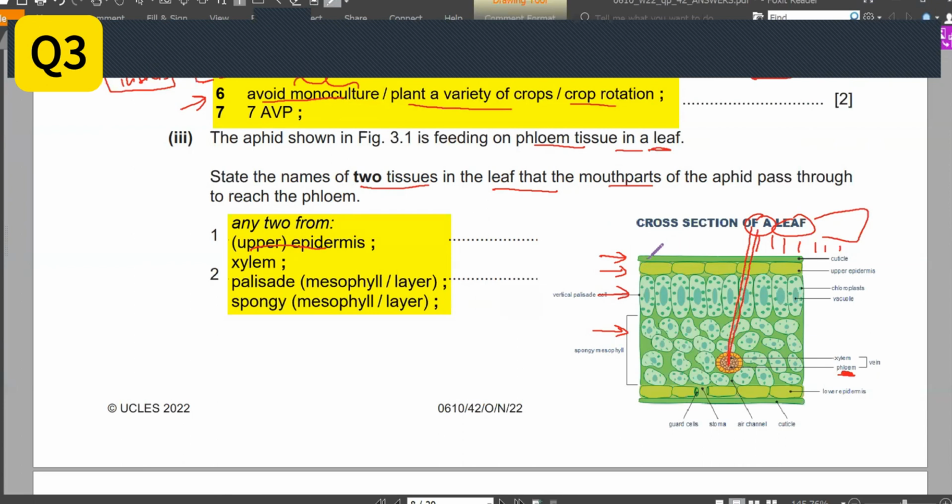Upper epidermis, so this one here. No, this one is cuticle. Upper epidermis. Xylem, so it needs to pass through the xylem. So we'll reach the xylem first and then phloem. And then palisade mesophyll, also one of the layers that need to pass through. Spongy mesophyll, also one of the layers that need to pass through. So that's the main idea for this question.